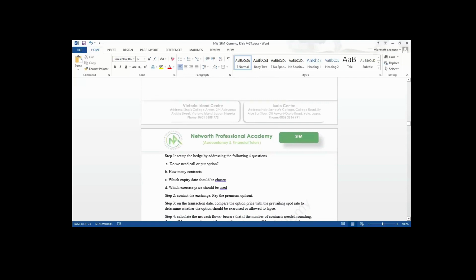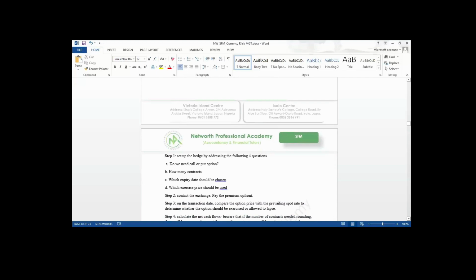Then step 2. Calculate your premium and pay the premium. Remember, premium must be paid when it gets to options, and the premium is not refundable. Step 3.